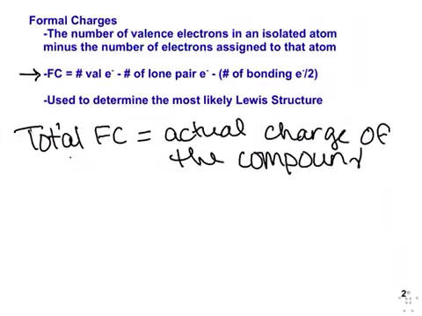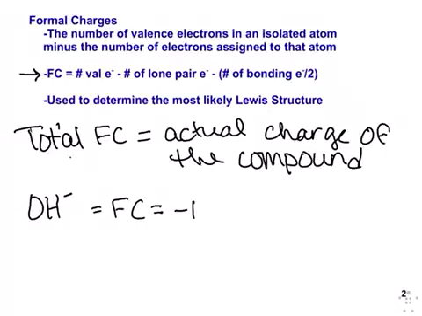So for a covalent compound, you need the total charge of it to be 0. If it's a polyatomic, like hydroxide has that -1 charge to it, then the formal charge must also equal -1. Does that make sense?